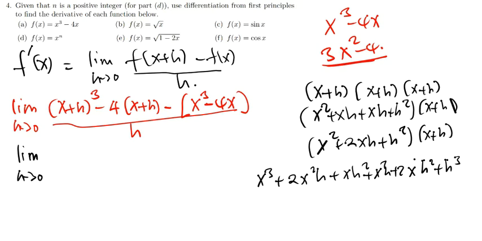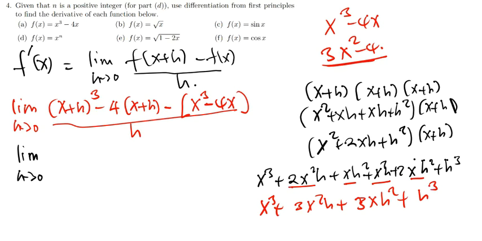Let's collect the like terms. This guy can be added with this one. Then this one can be added with that one. So I'll have x to the power 3 plus 3x squared h plus 3xh squared plus h to the power 3. I'll replace this with what I have there.